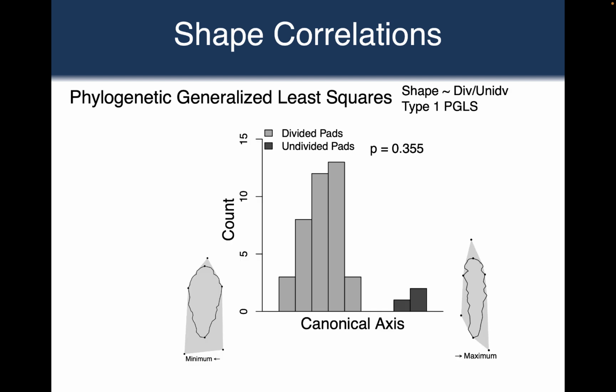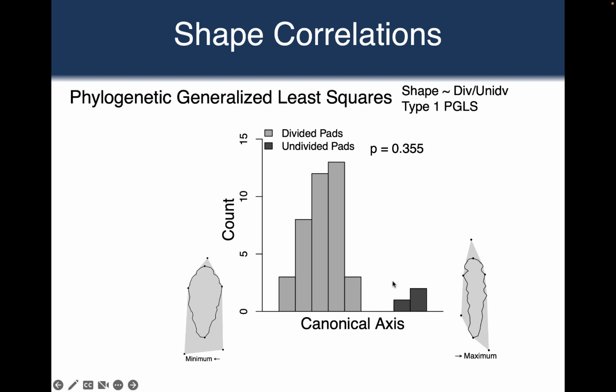We also wanted to ask if species that have divided pads versus undivided pads are shaped differently. The tough part about this analysis is we only had 3 species with undivided pads, so we didn't have a ton of statistical power. So this analysis was not significant, but when we did a CVA, a canonical variate analysis, which finds an axis that most closely captures the difference between our categories, divided and undivided, we do see a pretty stark difference.